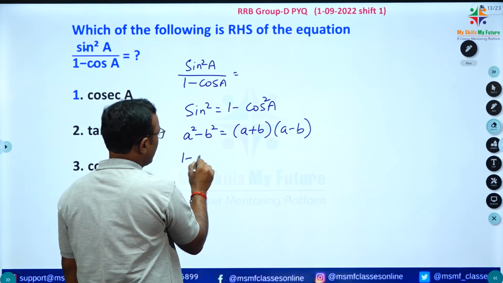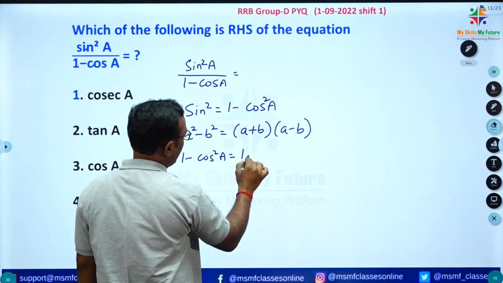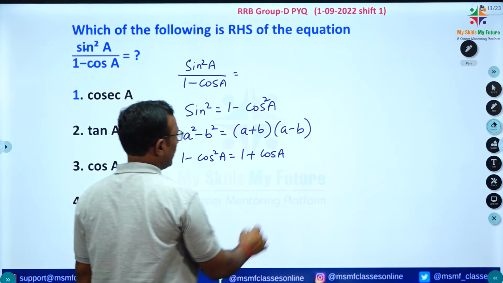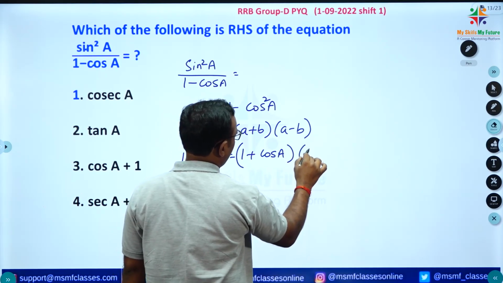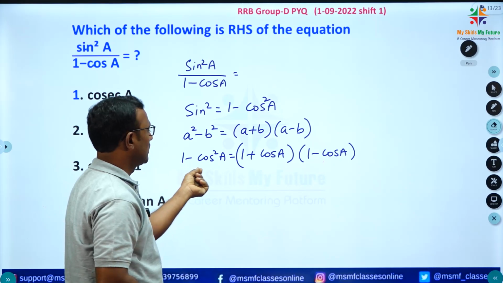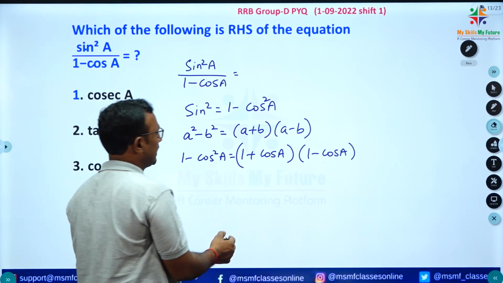So, 1 minus cos square A can be written as 1 plus cos A into 1 minus cos A.